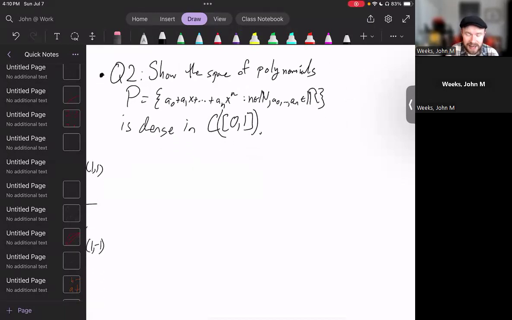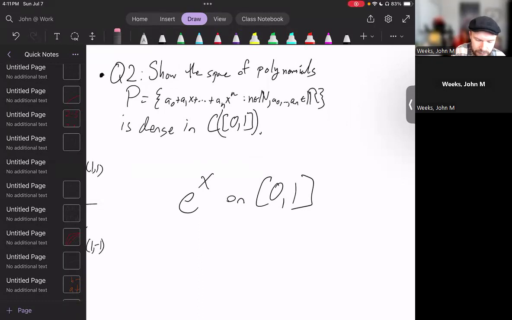That's what this is saying: you can take a function, even something just like e to the x, on the set going from 0 to 1, and you can find a polynomial that approximates it very closely. What this means is this.